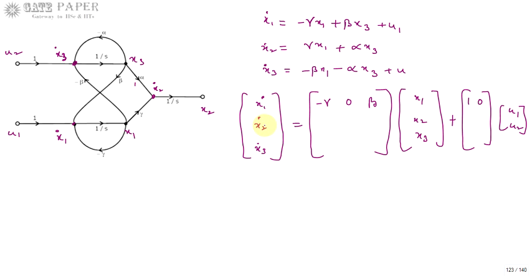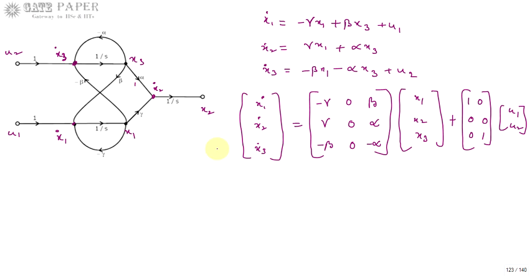Next for x2, x1 gamma and x2 0, x3 is alpha, and there is no u1 or u2 term, so it will be 0 0. Next for x3, minus beta x1, x2 is not there so it will be 0, x3 is minus alpha, and this is u2. u2 means this is 0 1. So this is going to be the right answer for the given question.